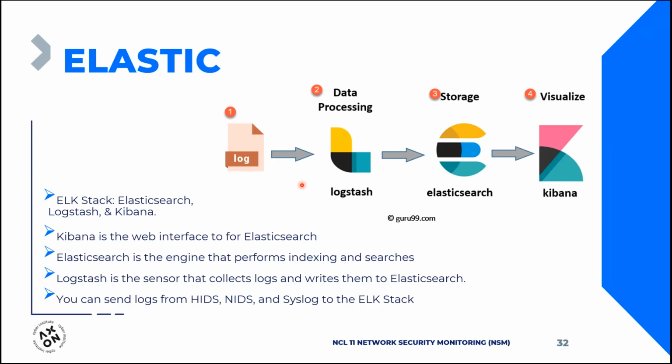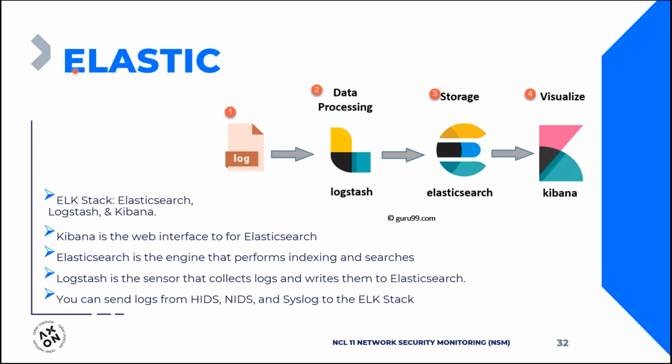The final system is the Elastic Stack, okay? Sometimes called Elastic, sometimes it's called the ELK Stack. And it's an open source search engine for security logs, for security data. There are three components to the Elastic search engine. The first component is Logstash, a data processing engine.